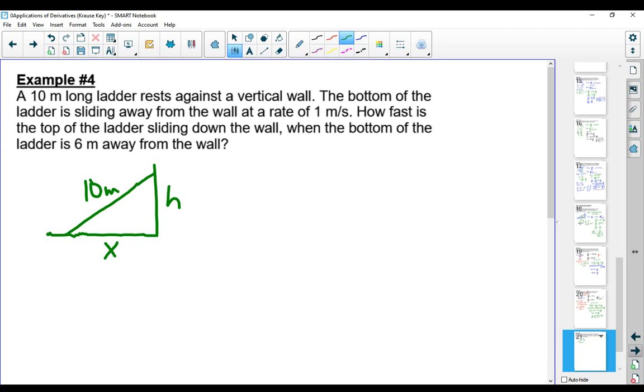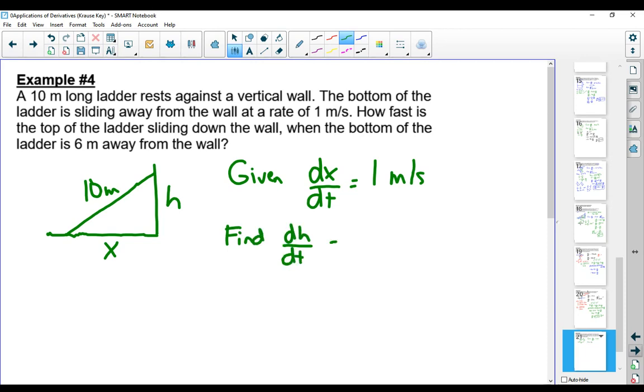So we look at what we're given. We're given the distance it's moving away from the wall, so dx/dt, is 1 meter per second. And we're asked to find how the height is changing with respect to time, when x equals 6.